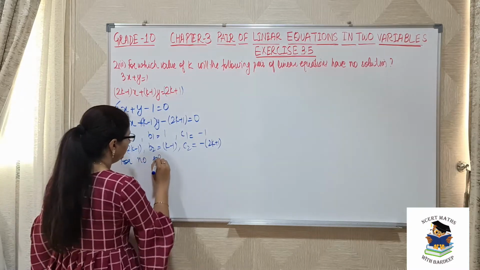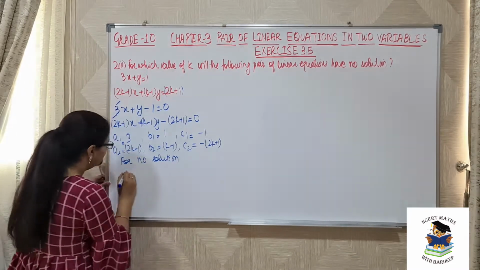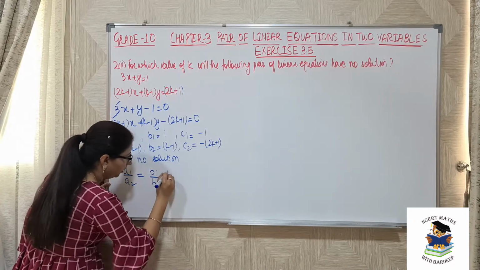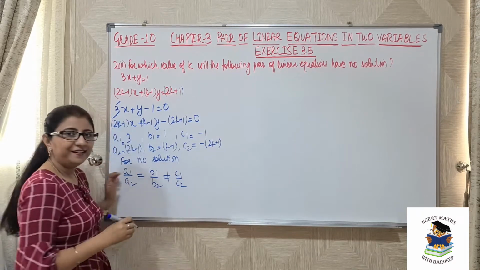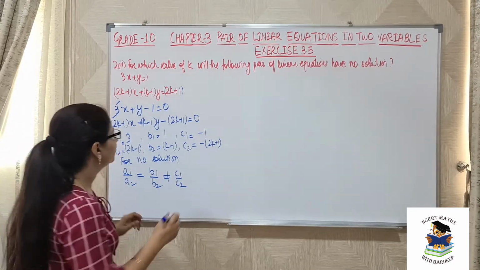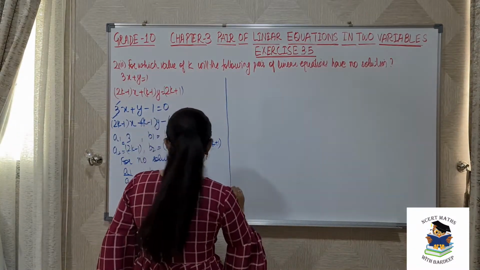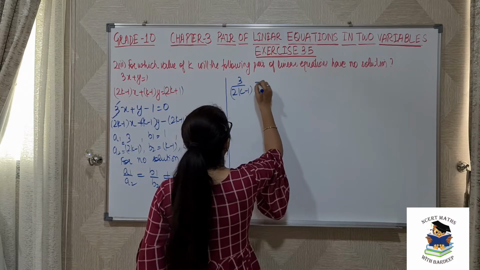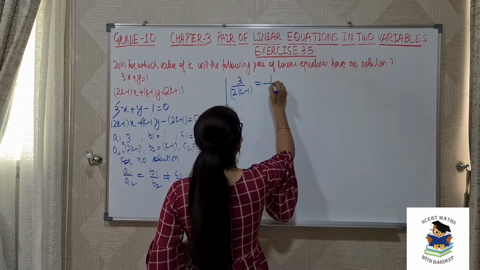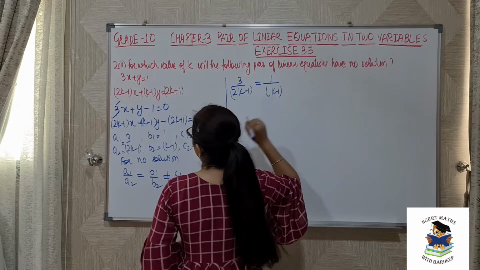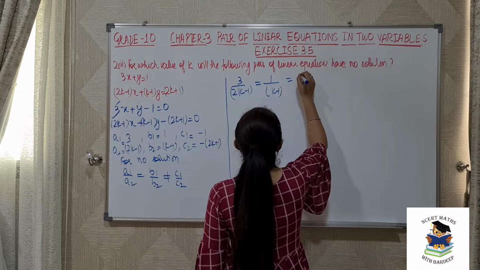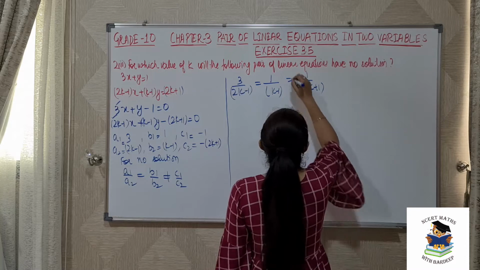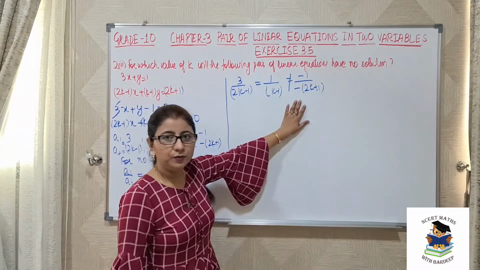For no solution, a1 over a2 should be equal to b1 by b2 but should not be equal to c1 by c2. So let's put the values. So a1 by a2 first, that is 3 over 2k minus 1 should be equal to b1 over b2, which is 1 over k minus 1, and c1 by c2 is minus 1 over minus of 2k plus 1, but here it is not equal to.